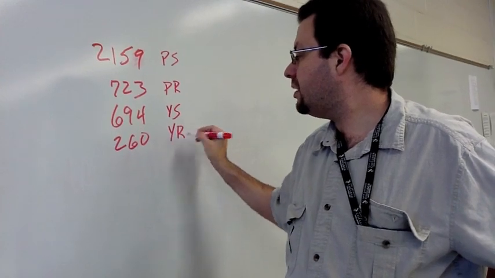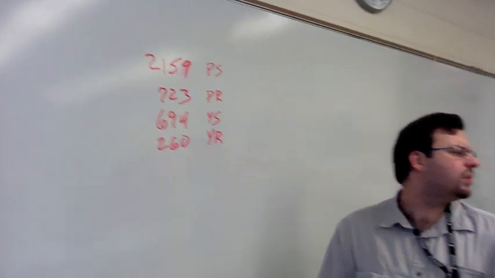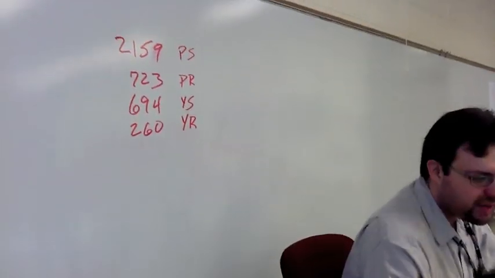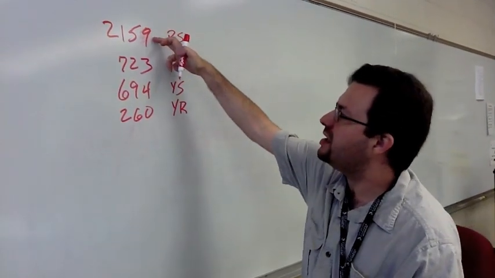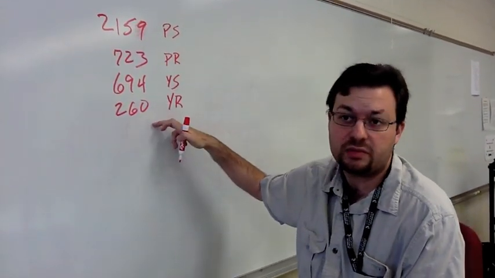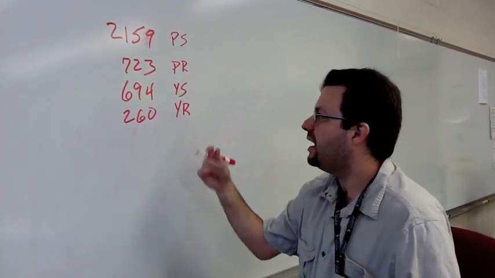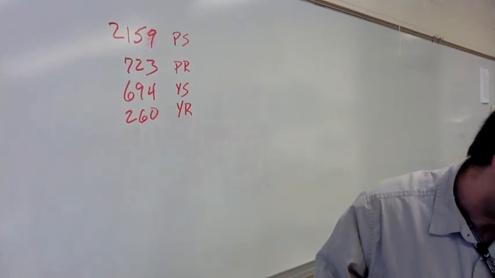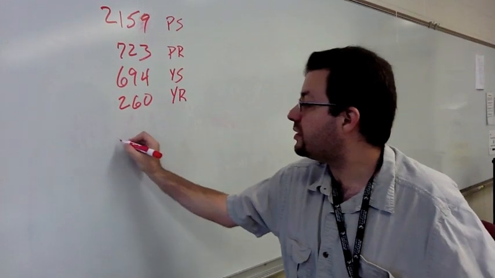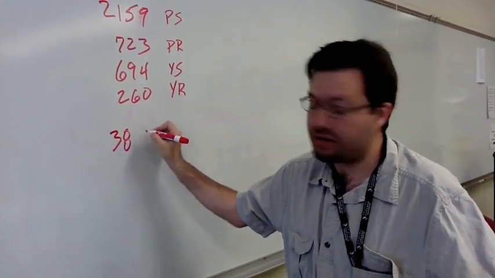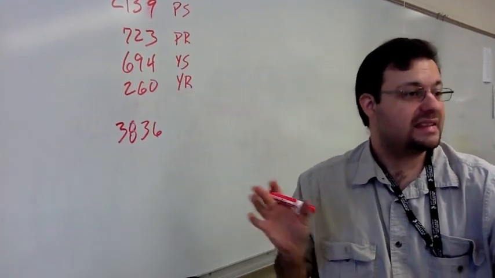You start out by taking all of these numbers and adding them together to get a total kernel count. The total kernel count would be 3,836. And this is the actual count.